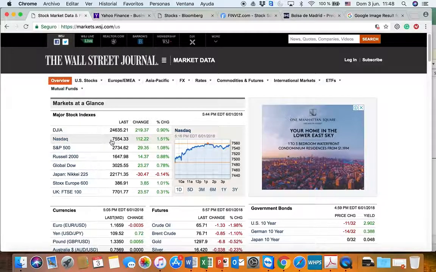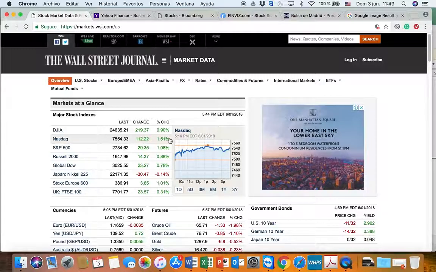We can see the last value, on the 1st of June, given that Friday was the close, was 7,554.3. What does this mean? There was a change from the previous date, which would have been month end for May, and the change was positive with a 1.51% gain.